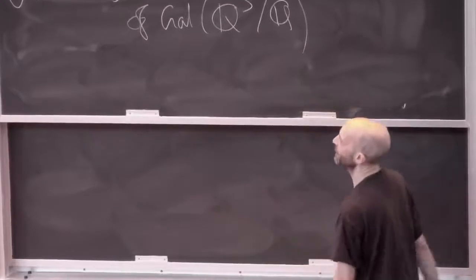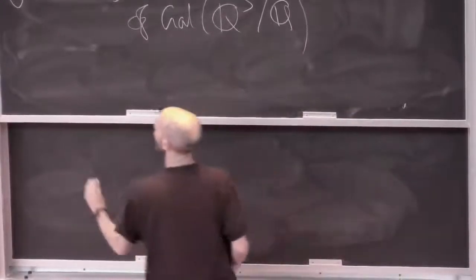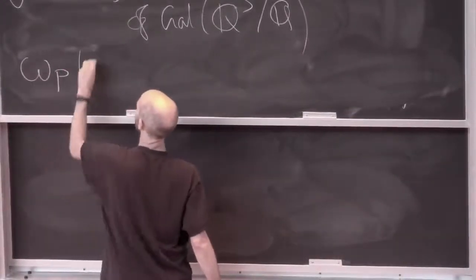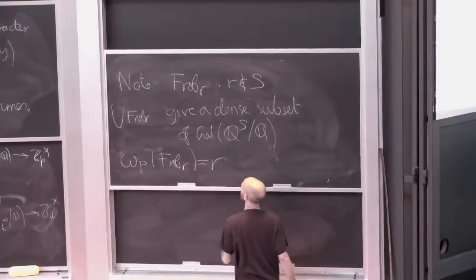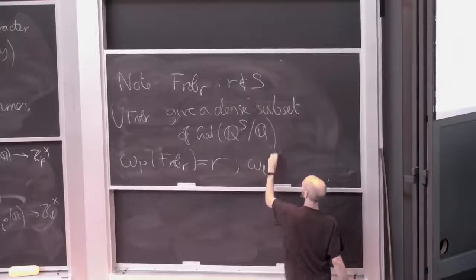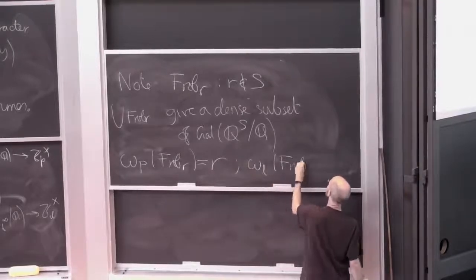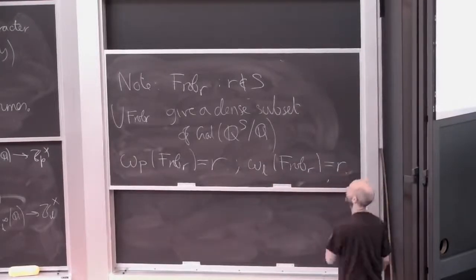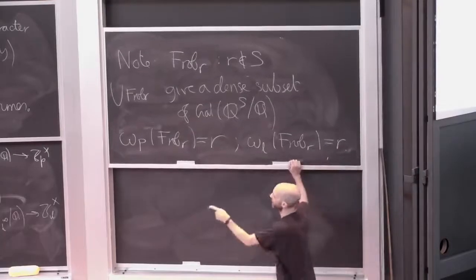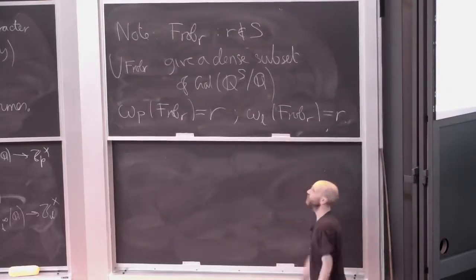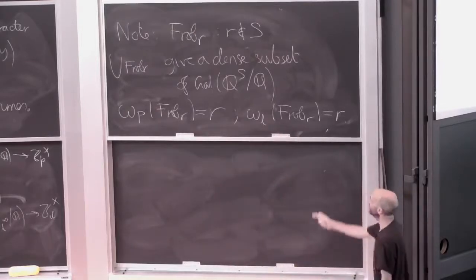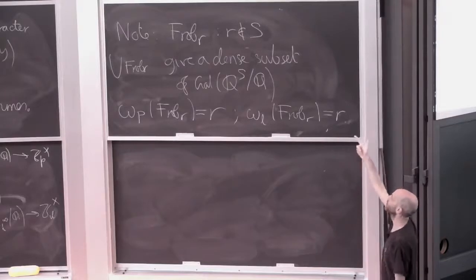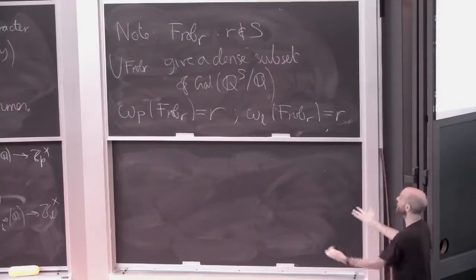And omega p and omega L, right? Omega p of Frob R is equal to R, and omega L of Frob R equals R. Okay, so omega p and omega L are two Galois representations that are exactly the same on every single Frob R, so they are equal on some dense subset, so therefore they must be equal, right?